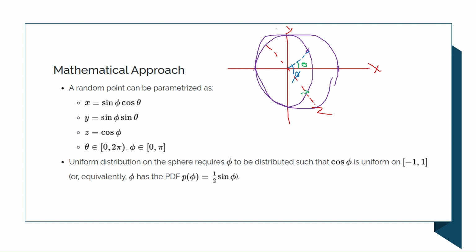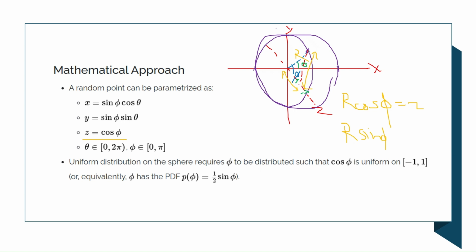So if this angle is phi, which it makes with the z-axis, what will be the z-coordinate? If we draw a perpendicular from this point onto this z-axis, like this, then this length would be the z-coordinate, and if this is the radius, this would be r cos phi. And this vertical distance would be r sine phi.